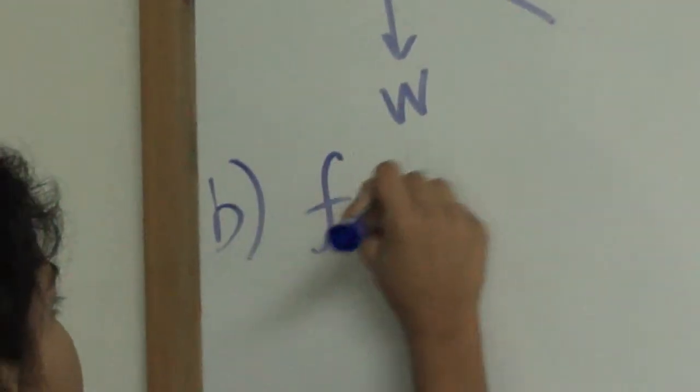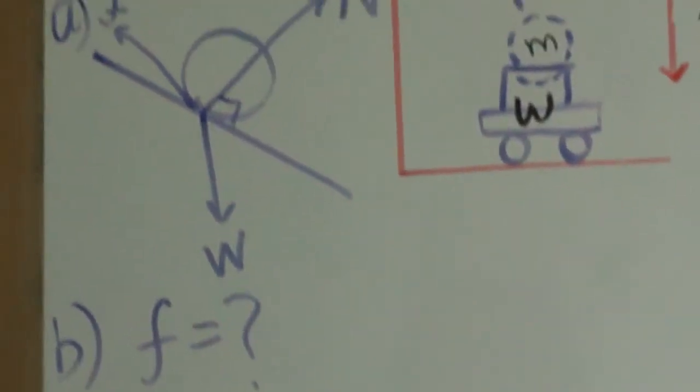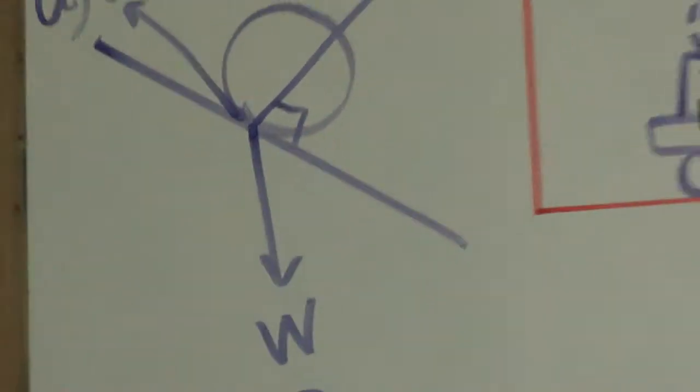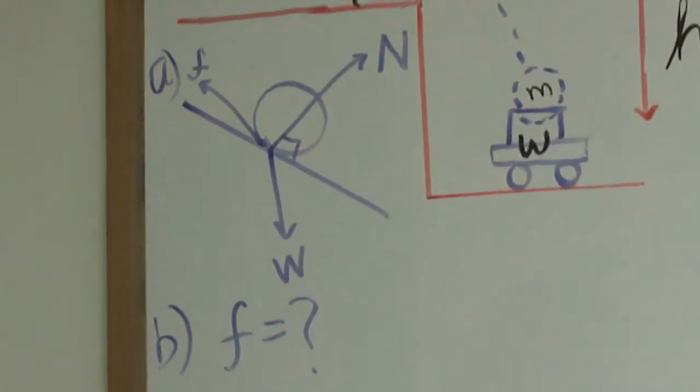Part B asks us to calculate the force due to friction. So we're looking for friction. Since this ball is rolling without slipping, it's going to have both an angular component and a linear component.